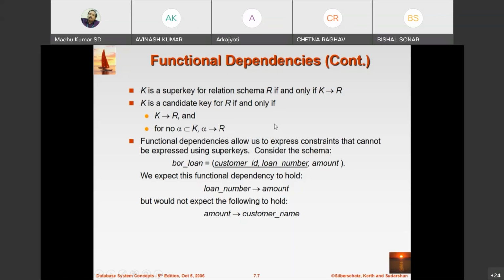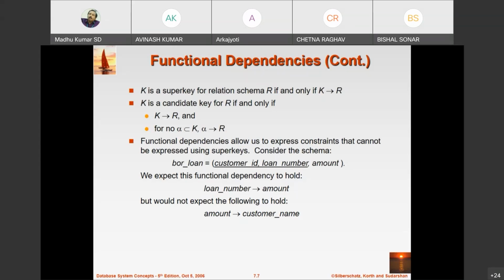Full functional dependency means, suppose you have an FD, X determines Y, that is called full functional dependency if Y is dependent on X and not on any subset of X. Okay, in that case, the functional dependency X determines Y is said to be a full functional dependency.